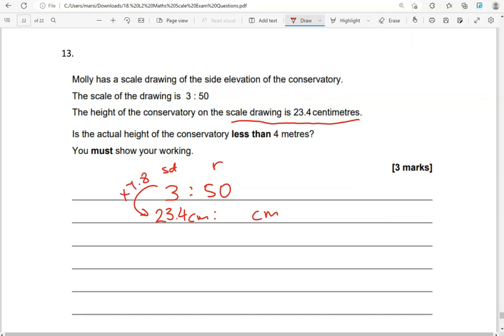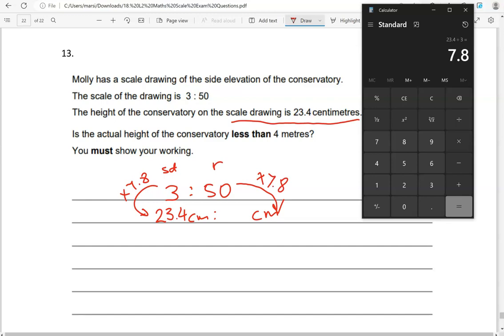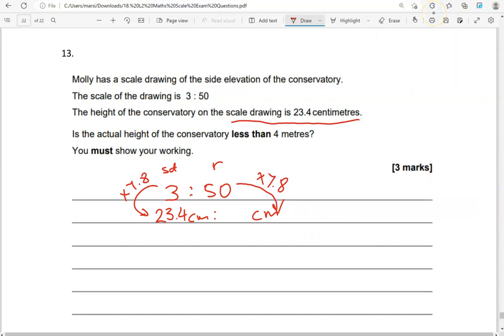So we'll do the same here. 7.8 times 50 gives us 390 centimeters, which is 3.9 meters. So 390 divided by 100, because there are 100 centimeters in a meter, which gives us 3.9 meters.